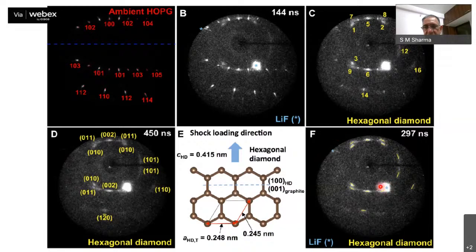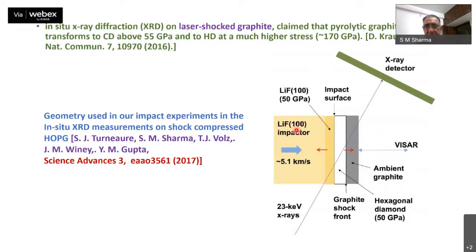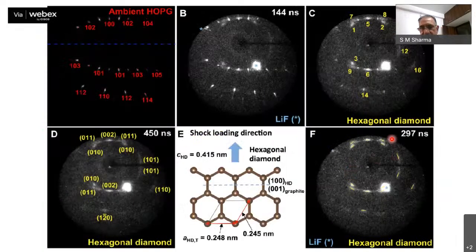Incidentally, this big spot is because of the lithium fluoride single crystal, which was the impactor. You see that this is also a single crystal. So a single crystal impacting this single crystal also gives large intensity spots. This can be interpreted in terms of very clearly identified orientation relations between the graphite and the hexagonal diamond. This is the kind of bonding shown in the hexagonal diamond.